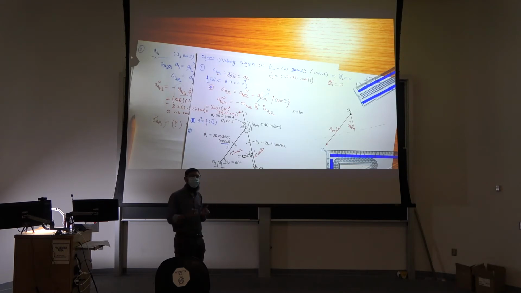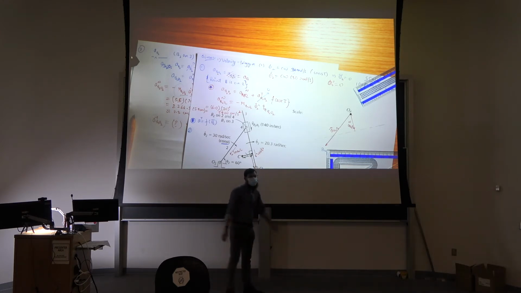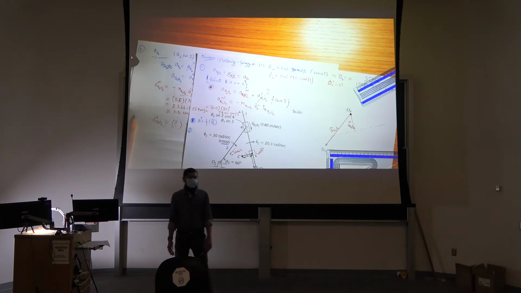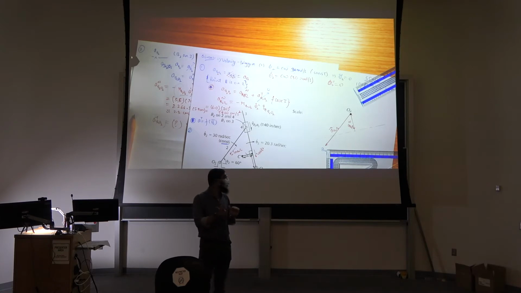So because of the change in direction, the acceleration could come up. Changing theta 3 or theta 3 dot? Theta 3 dot. If theta 3 is changing, theta 3 dot would be changing. But you said the magnitude stays the same, but the direction is changing. Yeah, so that could be one reason why the input is constant, the input acceleration is 0, and we still have a theta 3 double dot.